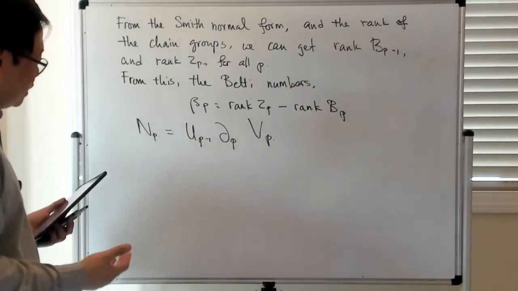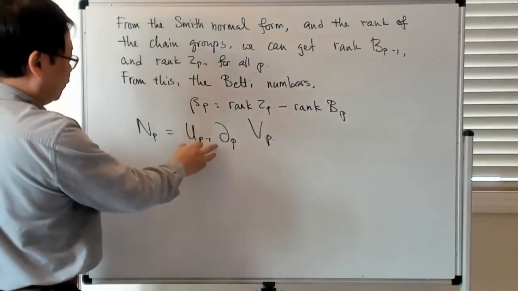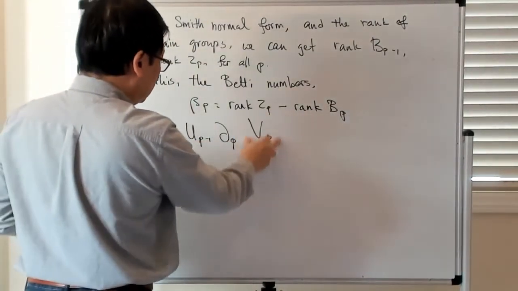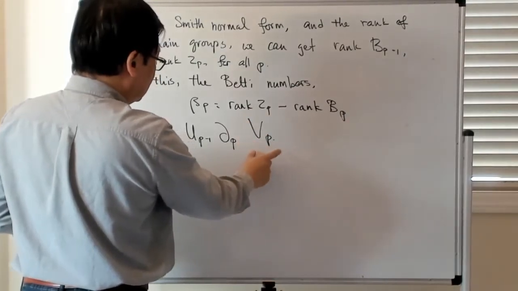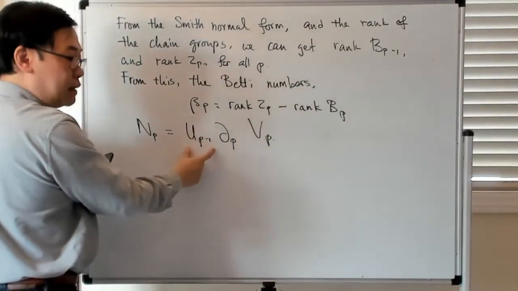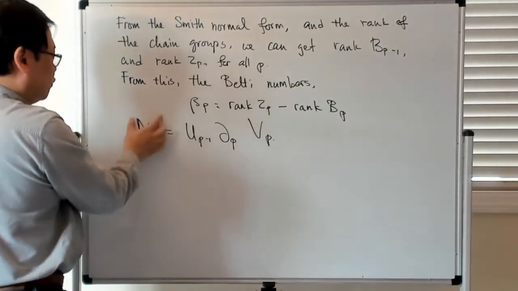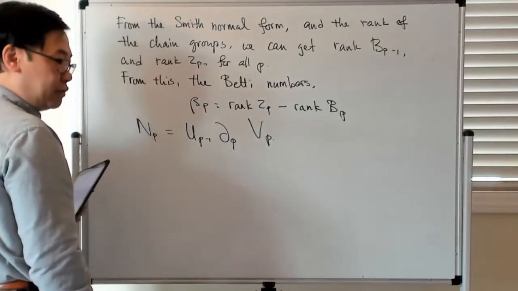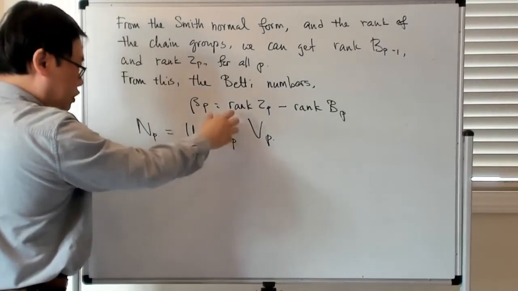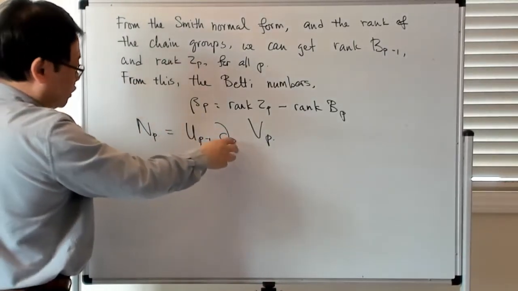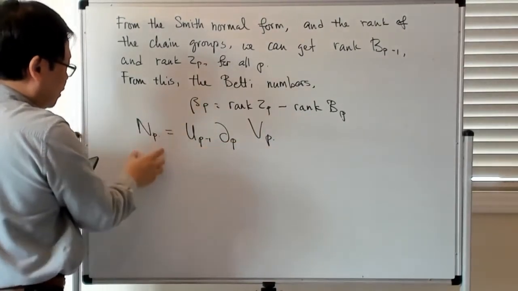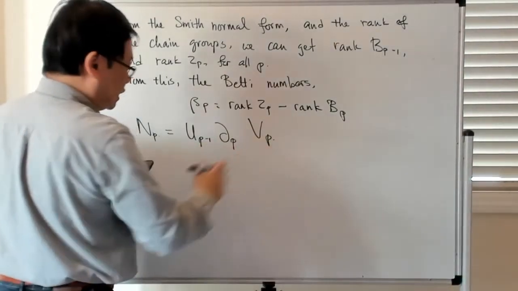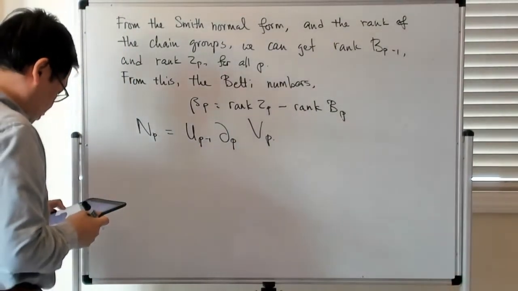And then when you've finally done everything, these UP minus 1 and VP are going to tell you what is the basis for the P simplices and the P minus 1 simplices, which cause the original boundary matrix, which is expressed originally in terms of this prescribed ordering of the simplices, to become something which now is in Smith normal form. And that's going to be helpful.